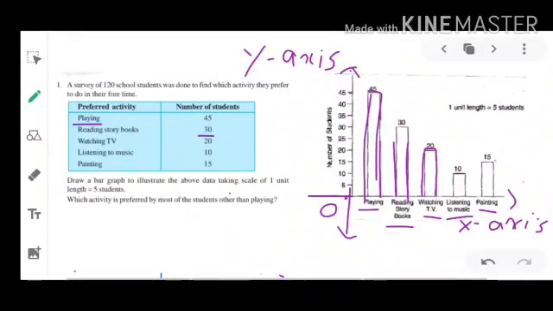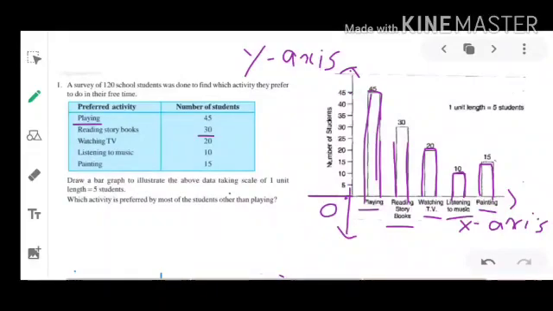Our next activity is listening to music. Again. Okay. Now our last activity is painting. And how many students preferred it? Yes, 15. So again we repeat our step. And here we complete drawing our bar graph.